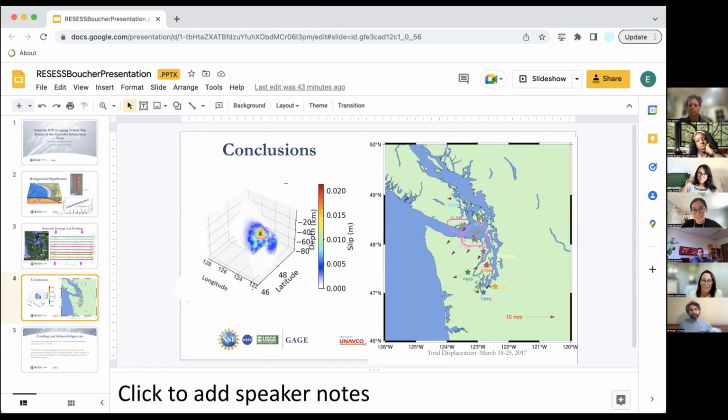We're also seeing this southward movement. So we're able to tell that the slip travels this way. Great, thank you.